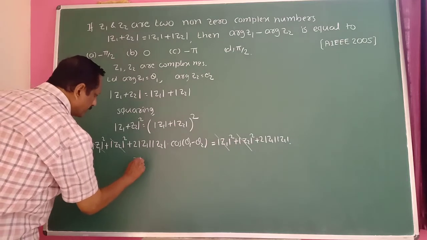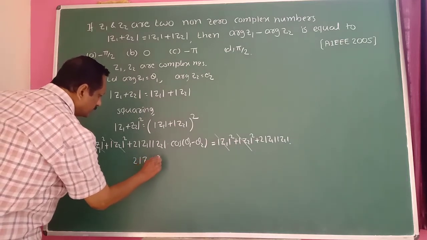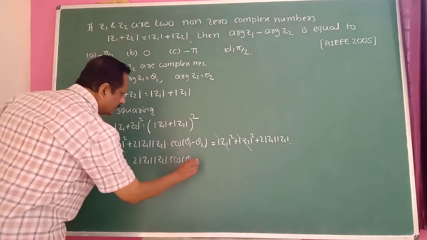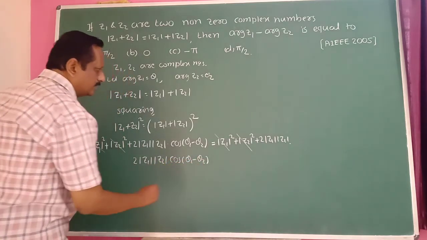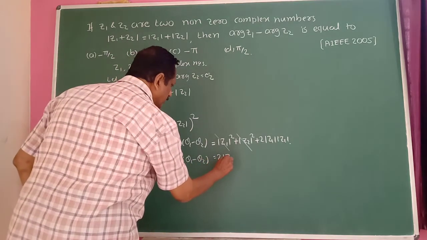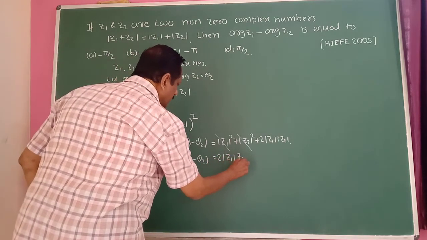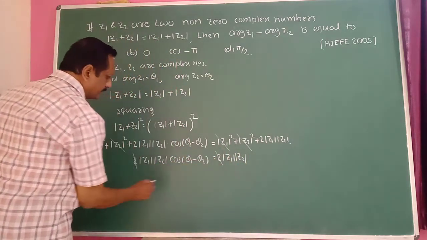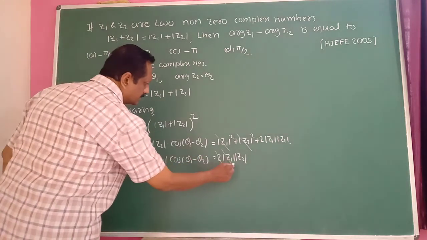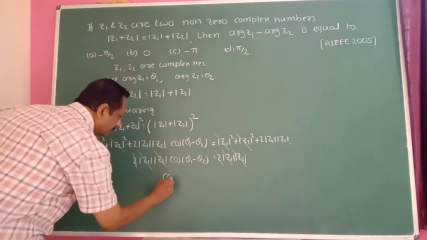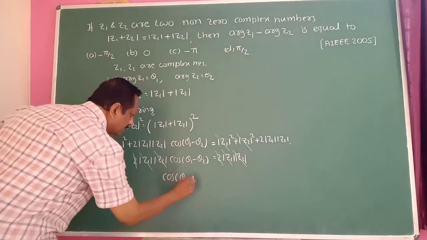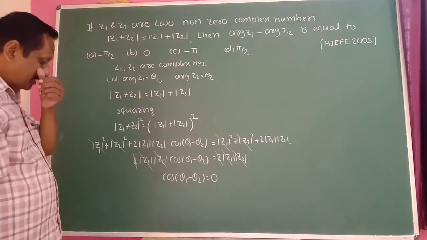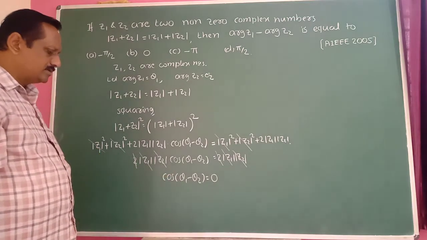Therefore 2 into modulus of z1 into modulus of z2 into cos of theta 1 minus theta 2 is equal to 2 into modulus of z1 into modulus of z2. These cancel, so cos of theta 1 minus theta 2 is equal to 0.